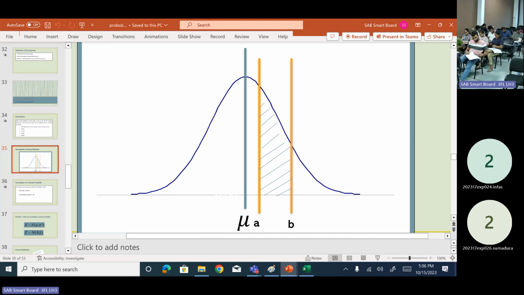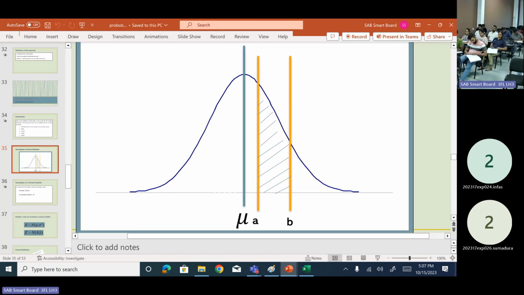The first one: this is a bell-shaped, symmetric distribution about the mean, with notation mu.